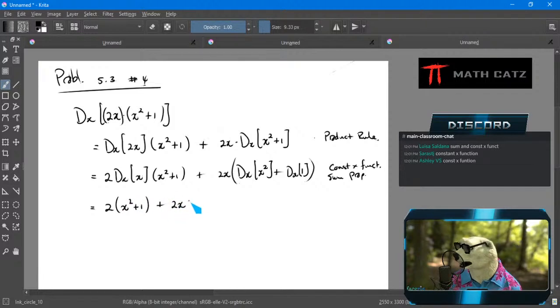Not doing too much, but I am doing maybe a couple of steps like that. So I have done something for each of the derivatives that were there. I've used properties. Which properties have I used? One? More than one? Which ones?